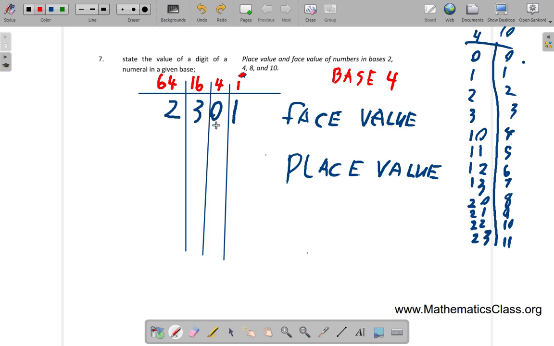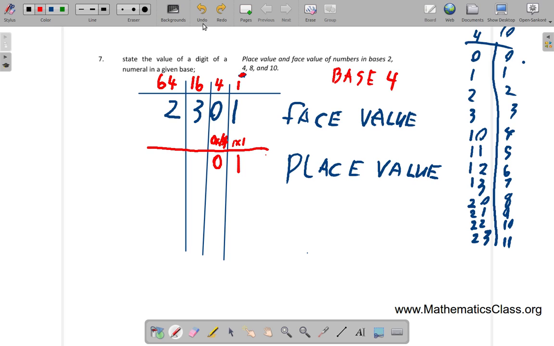So basically the place value of each of these digits is: 1 times 1 is just 1. This is 0 fours, 0 times 4 is 0. But this is 3 sixteens.